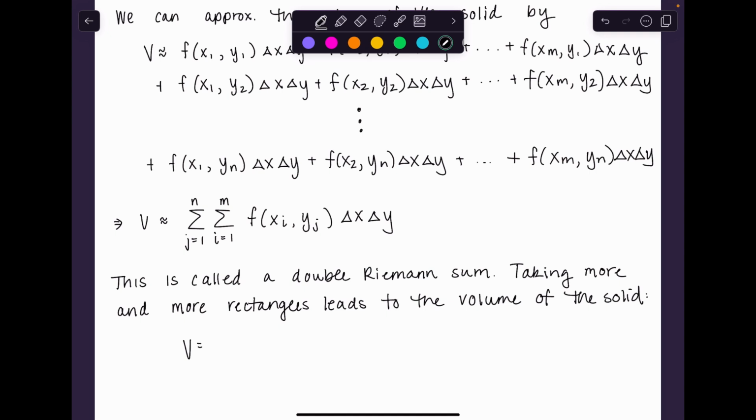So our volume is exactly equal to the limit as both these numbers of rectangles approach infinity of this double Riemann sum.